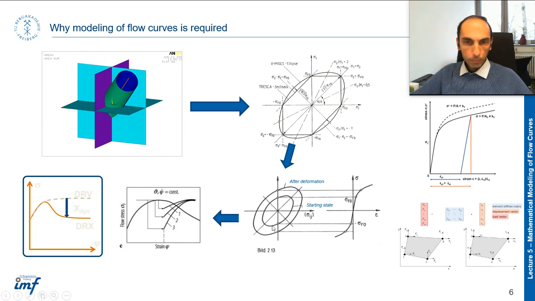So if we want to convert this type of graph to a strain curve or flow curve, for example, if you perform your test in a uniaxial compression test, then exactly here, this point is the critical value, which will be reflected here on this curve.